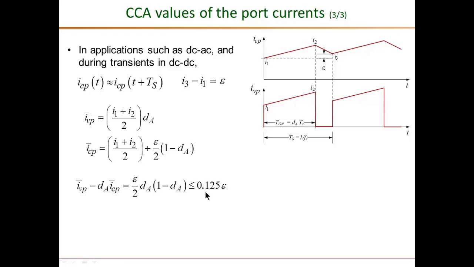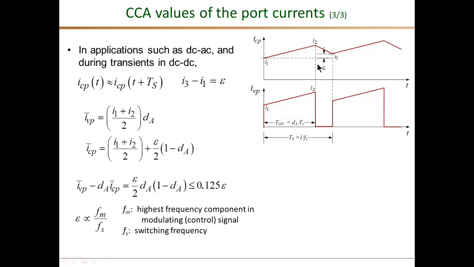Okay. So now epsilon is a very small value as long as you ensure that the highest frequency of interest, for example the frequency of the modulating waveform, is well below the switching frequency. Then epsilon is a very small number. So in other words, this represents a sinusoidal rise.